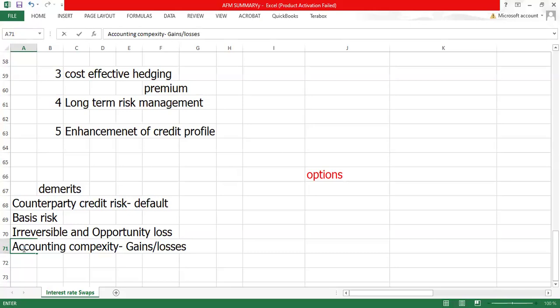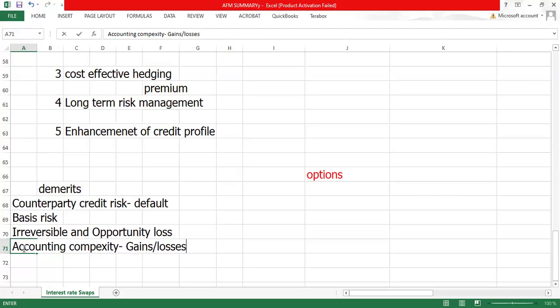It requires people who have experience. Otherwise, it will be hard for you to account for these instruments. Remember, these are derivatives that fall under IFRS 9. So that accounting bit of it is not always easy.